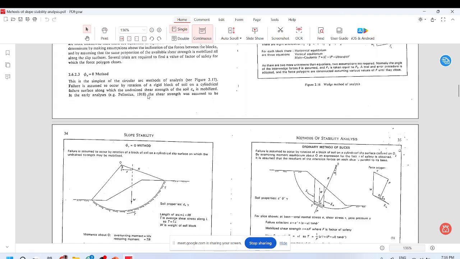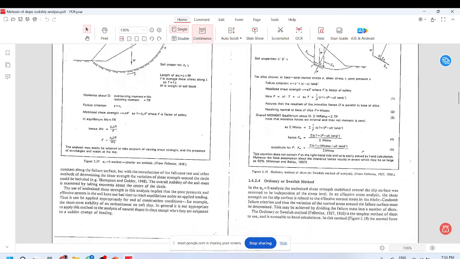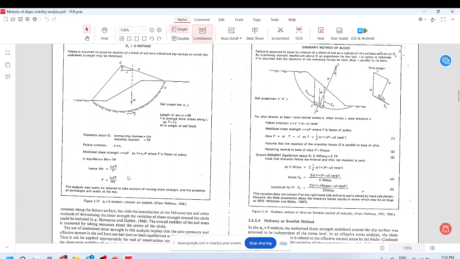In the early analysis, the shear strength was assumed to be constant along the failure surface. We used to take a constant strength, but with the introduction of the fall cone test, another method of determining strength. So this is what we were discussing with the total stress analysis, isn't it?